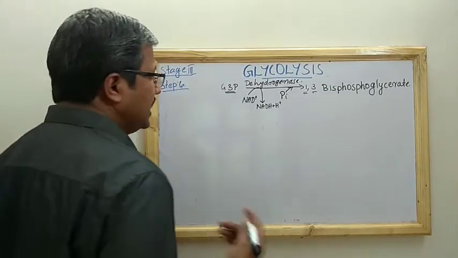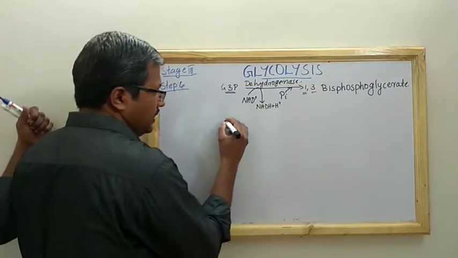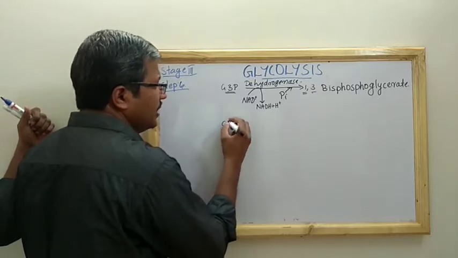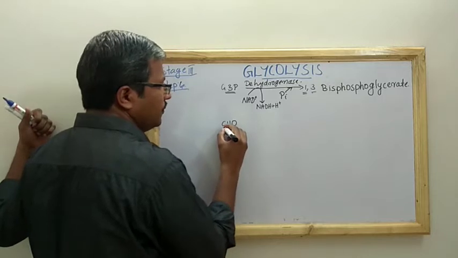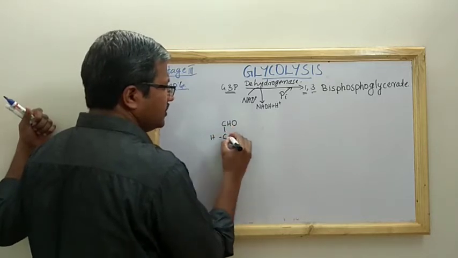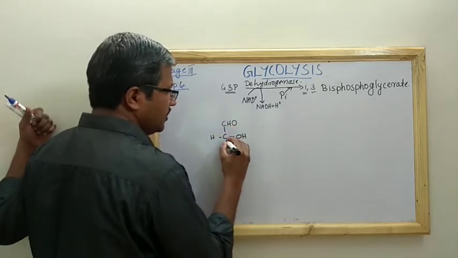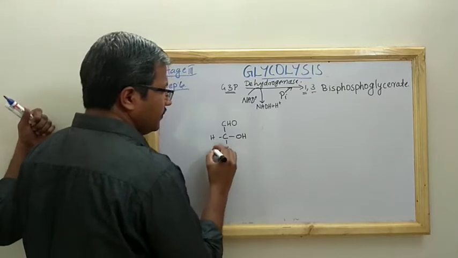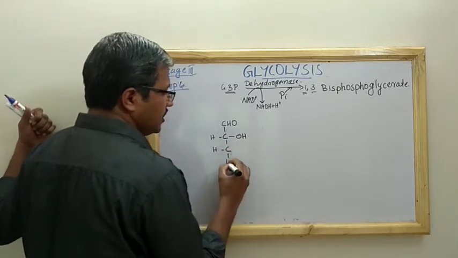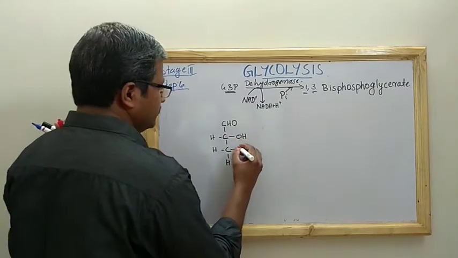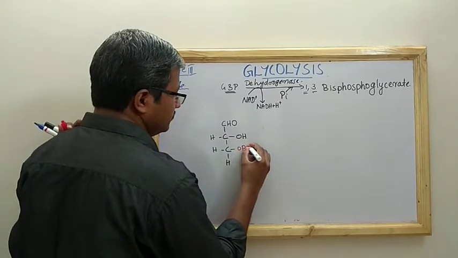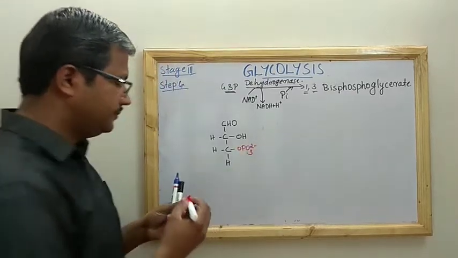We know glyceraldehyde 3-phosphate. So CHO, CHOH, CH2OPO3 2 minus.